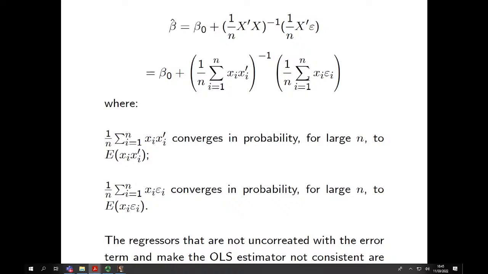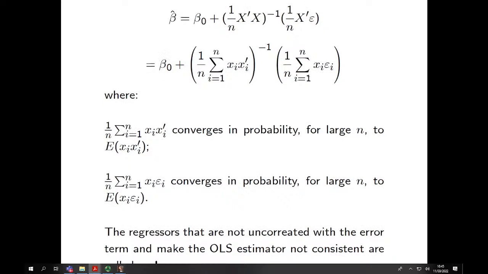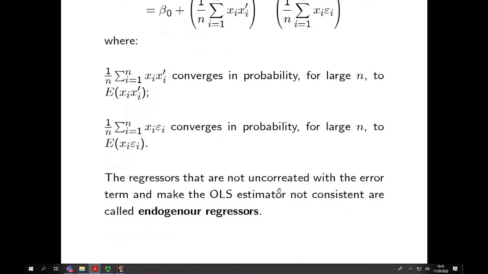Now, as a general rule, the regressors that are not uncorrelated with the error term, and that make the OLS estimator not consistent, are called endogenous regressors. So now, coming back to our example, I had the suspicion that the price of gasoline in the equation we have estimated could be an endogenous regressor.